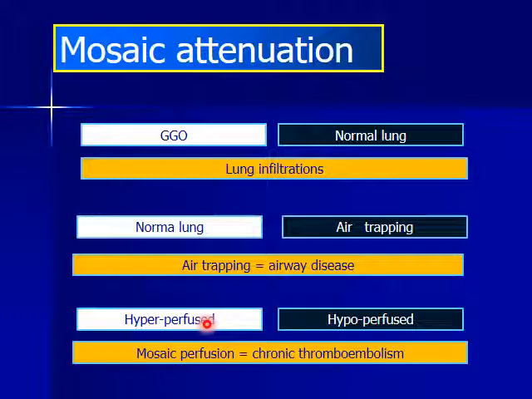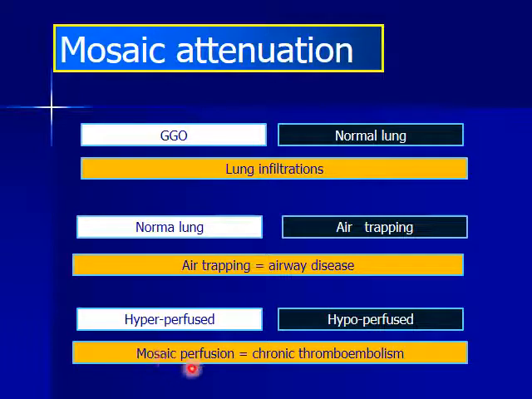Sometimes, in cases of chronic thromboembolism, the area that has been exposed to thrombosed pulmonary arteries becomes hypoperfused, and on CT it appears darker than the areas hyperperfused or the normal lung.